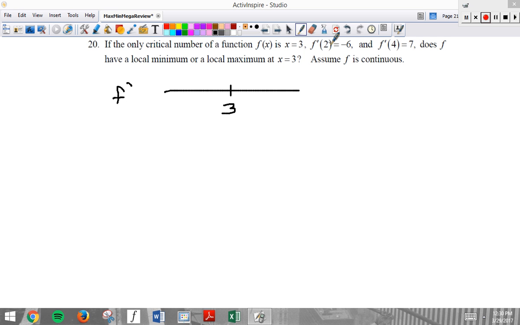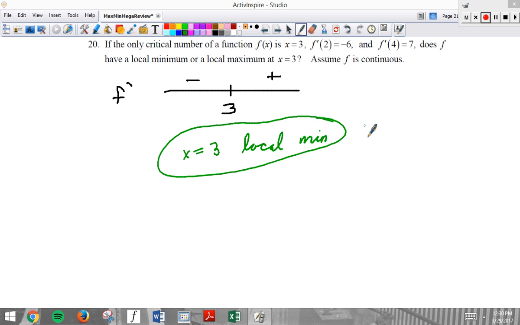F prime of 2, 2's on this side, is a negative value. F prime of 4, 4's on this side, it's a positive value. So as long as f is continuous, x equals 3 is a local or relative min, because f prime is negative before 3 and positive after 3. Done.